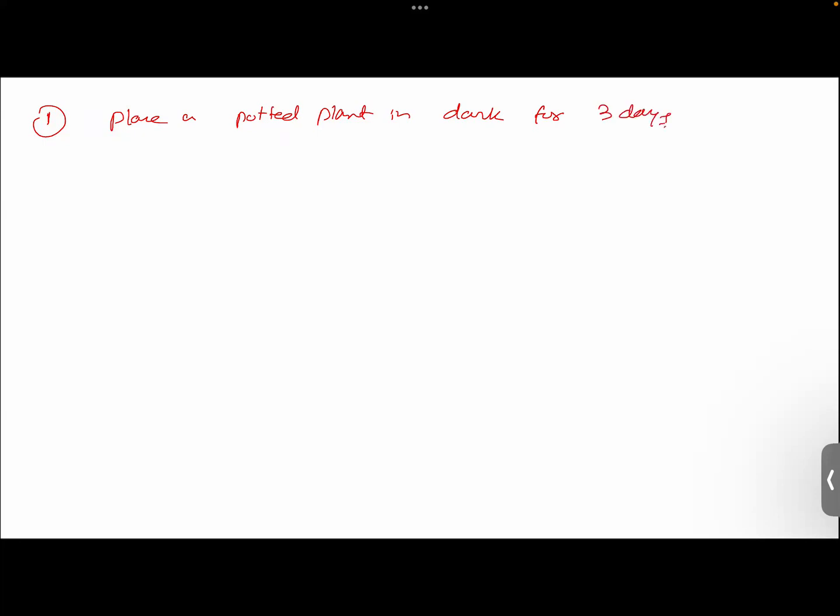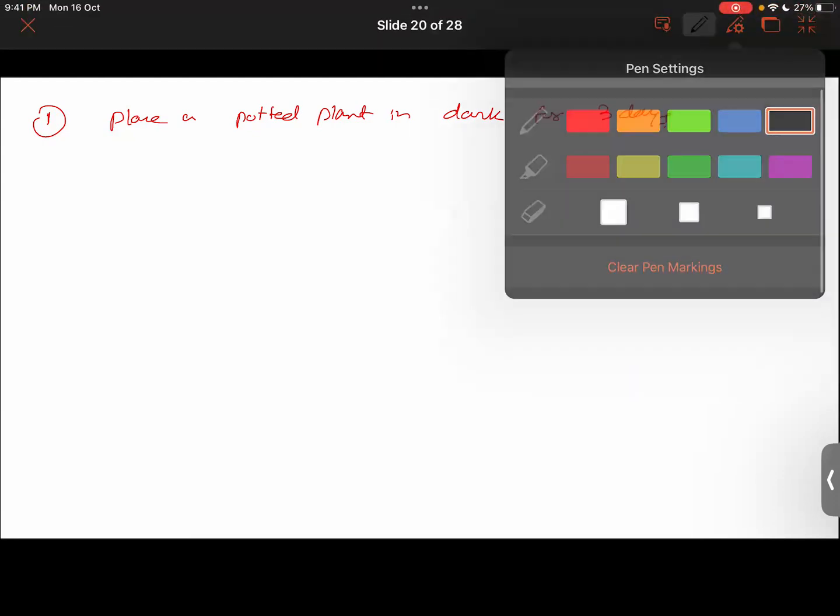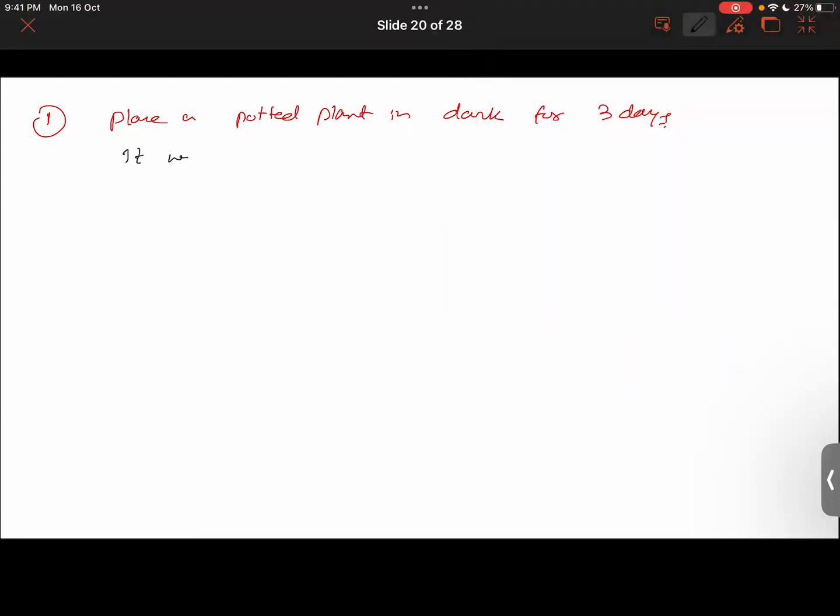Now what will happen due to this? Do tell me. All the starch will be used up. All the starch present in it will be used. Exactly, all the carbohydrate will be used. So we say that it will de-starch the plant now.